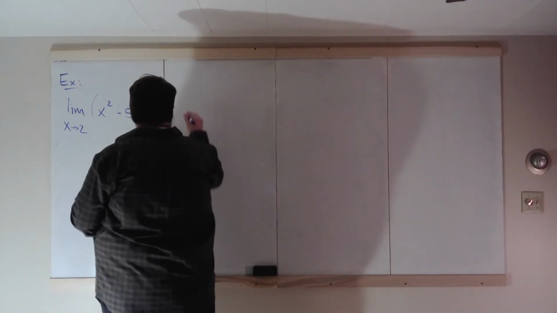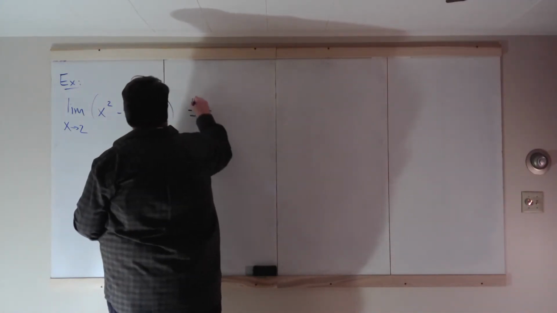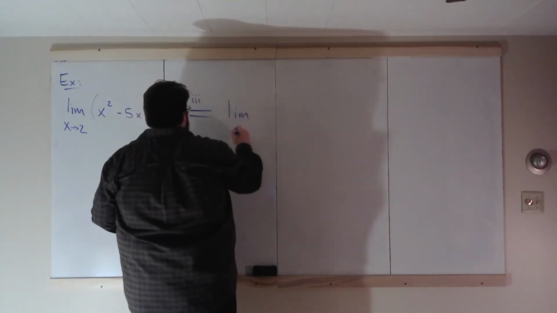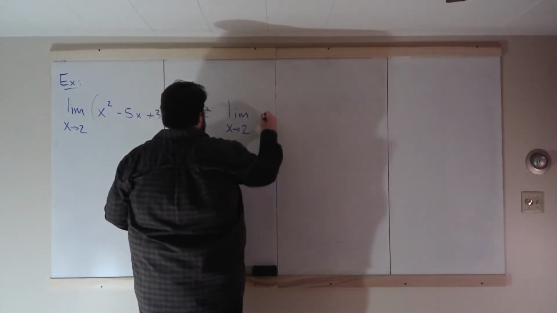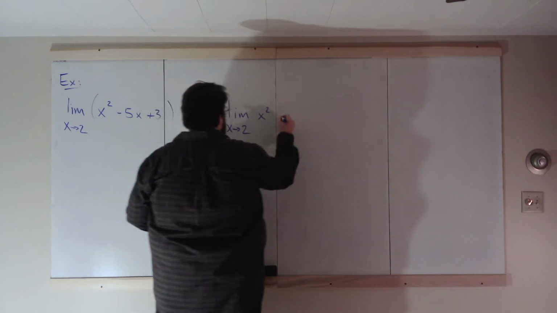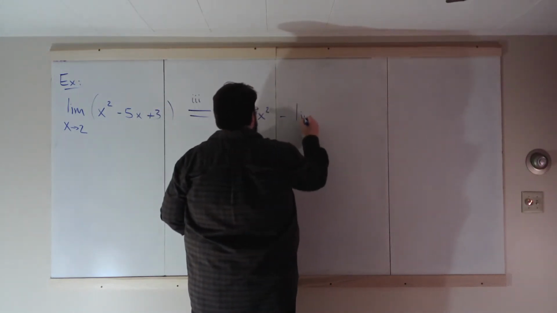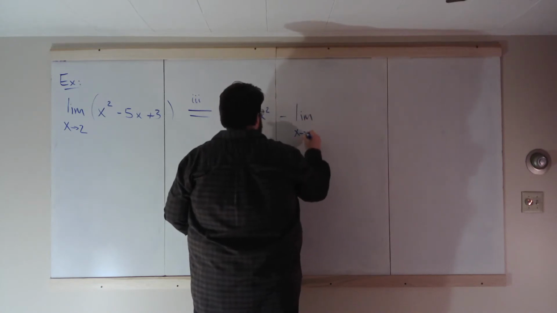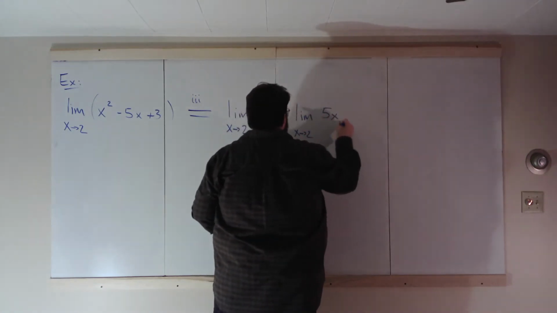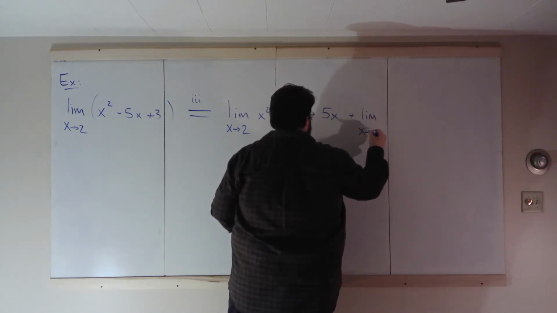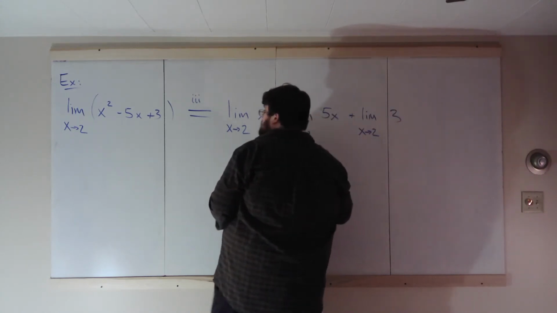Where will I do that? Let's do that here. Equals, using rule 3, limit as x approaches 2 of x squared minus, remember if it's a negative you carry the negative out, limit as x approaches 2 of 5x plus limit as x approaches 2 of 3.